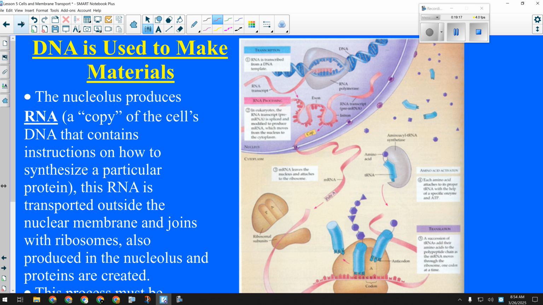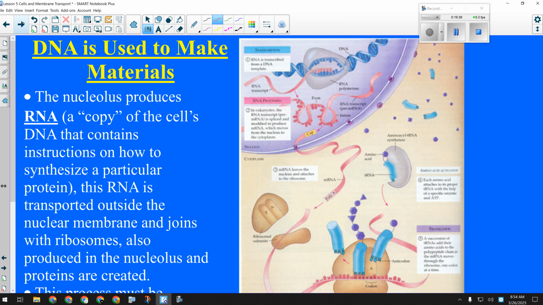All right. Now, here's how your nucleolus helps make protein. We're actually talking about a couple of different structures here: the nucleolus, and also the ribosomes on this slide. I'm going to go through this diagram, which is the process of protein synthesis.